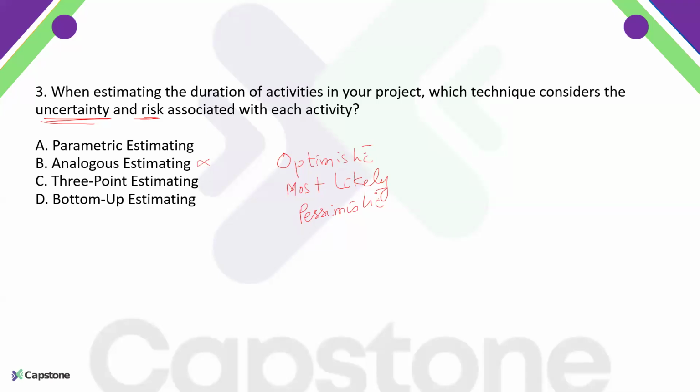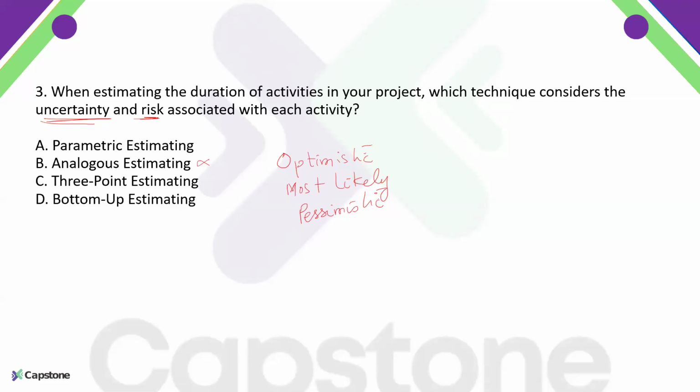Utilizing this three point estimation, we can come to a kind of weighted average estimate, where we compare these three estimates to get a value that deals with the uncertainty or risk involved.